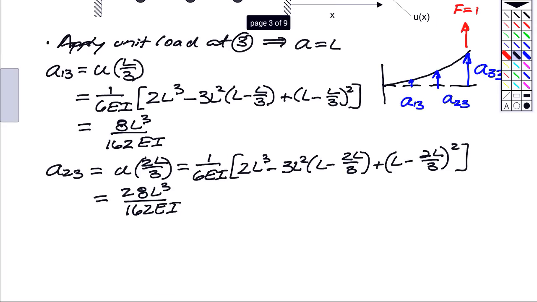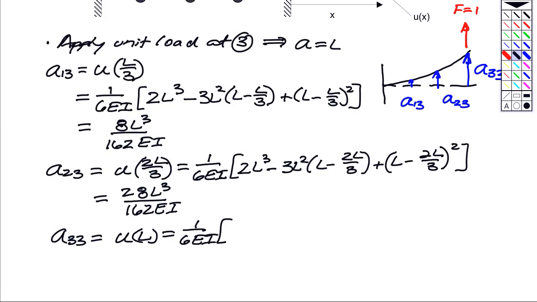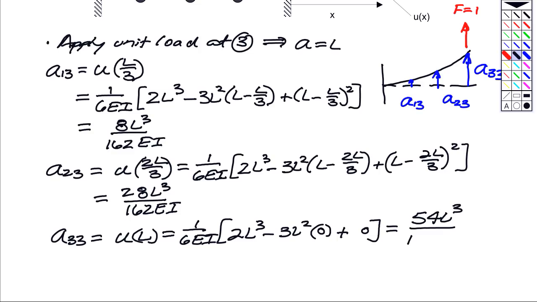Still keeping the load there at 3, I calculate the deflection at 3, so that's U at L. So that's going to be 1 over 6 EI, 2L cubed, minus 3L squared, L minus L, and then plus an L minus L. So this number here ends up being 54L cubed divided by 162 EI.